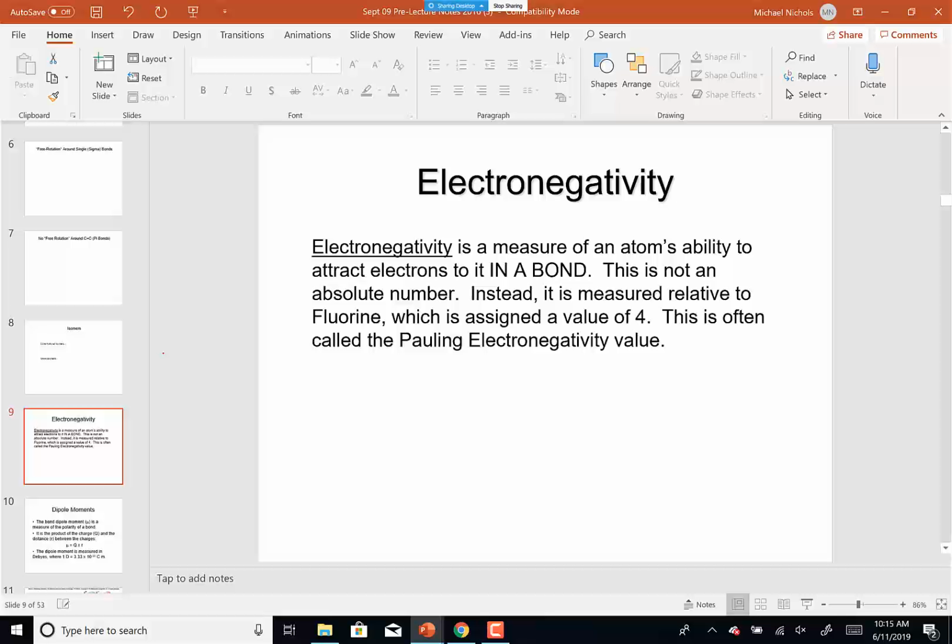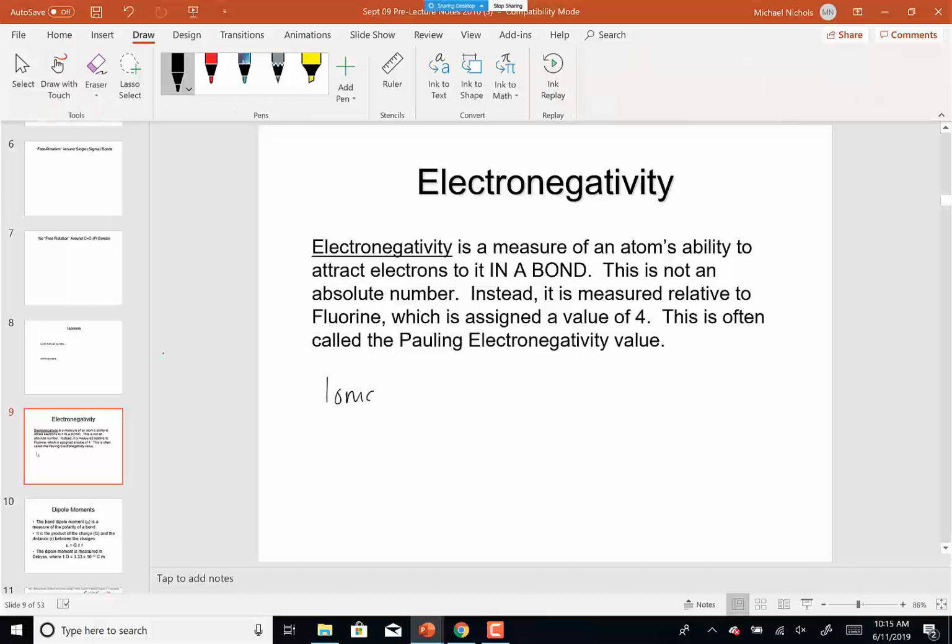First of all, you could get an ionic bond. When are you going to get an ionic bond? When you take something from the left-hand side and the right-hand side of the periodic table and bring them together, the electronegativities are so different that one's going to give up the electron to the other.